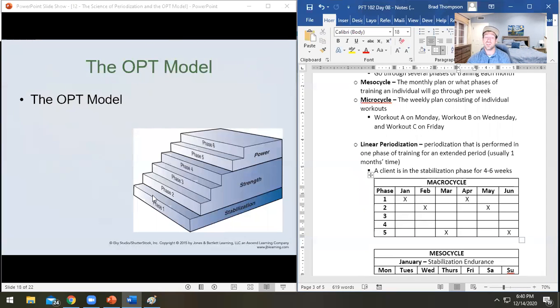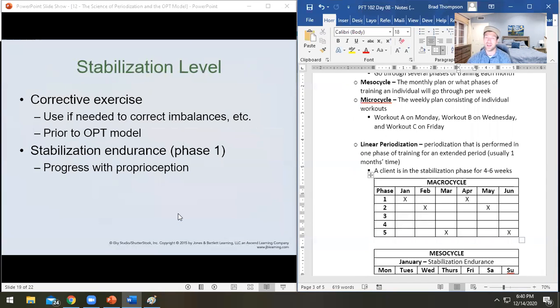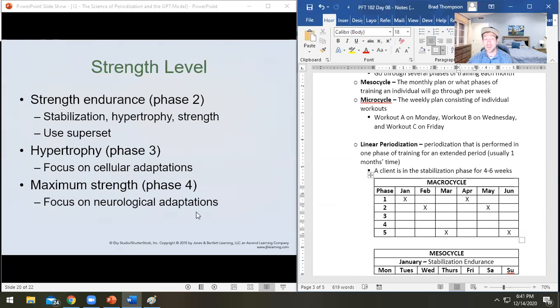Then you have the stabilization endurance phase, right? We talked about how the whole goal of adaptations there are for us to increase our proprioception, our neuromuscular efficiency, and things like that. Then you would move into the strength endurance phase, which is phase 2. Now that is part of the strength level, which means you're going to choose strength exercises, but we're still very much focused on endurance here, right?